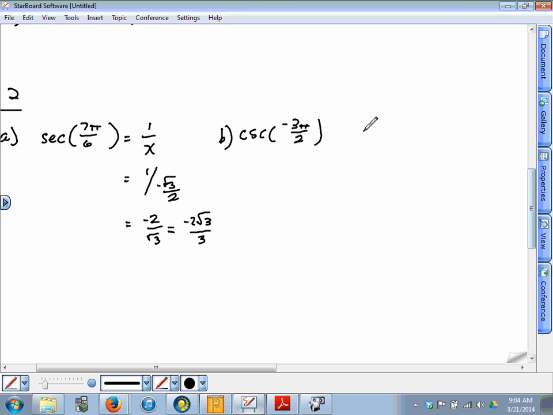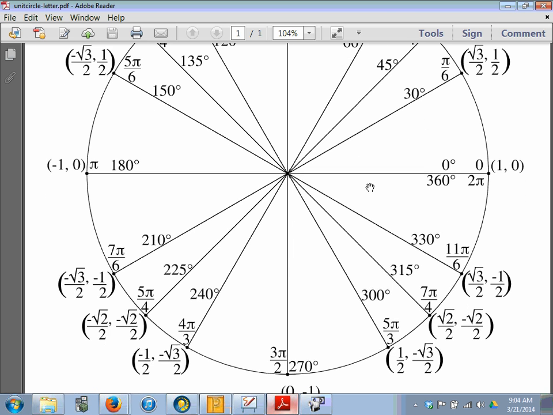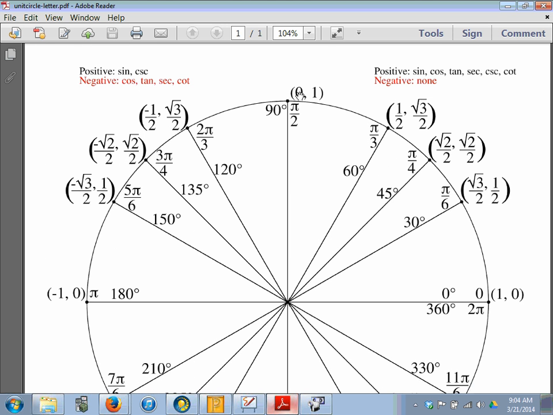So on the unit circle, where is negative 3 pi over 2 radians? 3 pi over 2 would be going around this way, 3/4 of a circle. So going the other direction would be going this way. If we go negative 3 pi over 2, that's coming up here. So we have to locate that point.